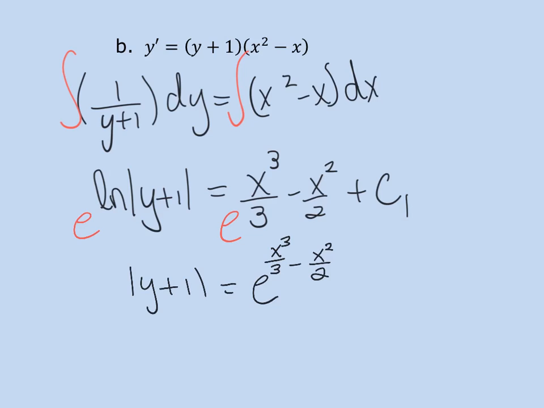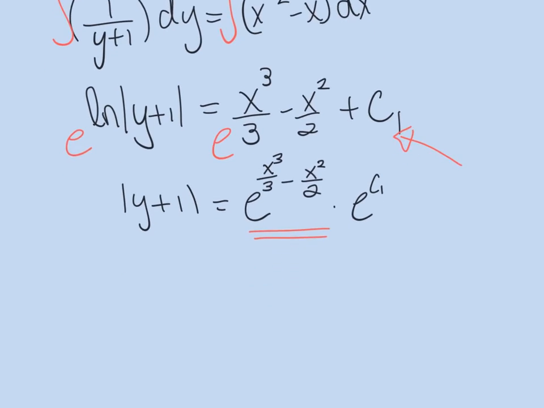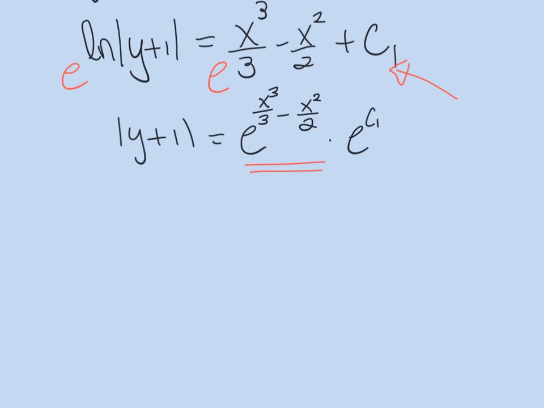So really what's happening right here is that this is e raised to the c sub 1 multiplied by all of this lovely right here. So let's rewrite this as the absolute value of y plus 1 is equal to e to the c sub 1 multiplied by e raised to the x to the 3rd divided by 3 minus x squared divided by 2.